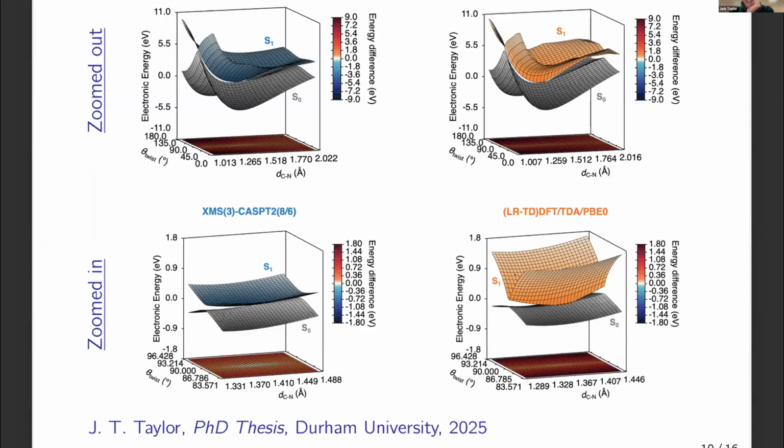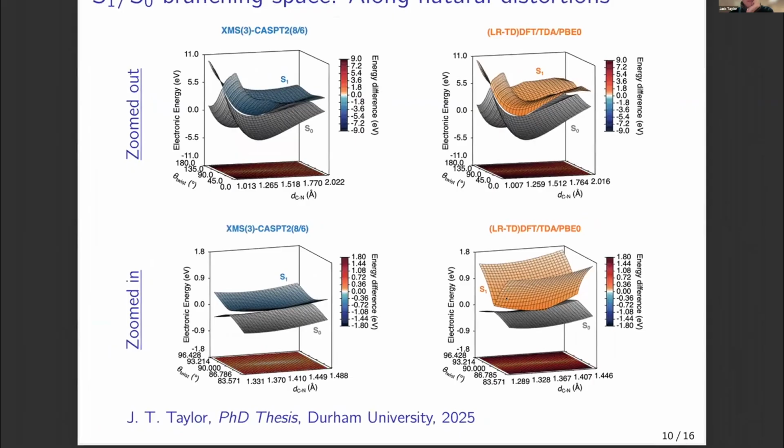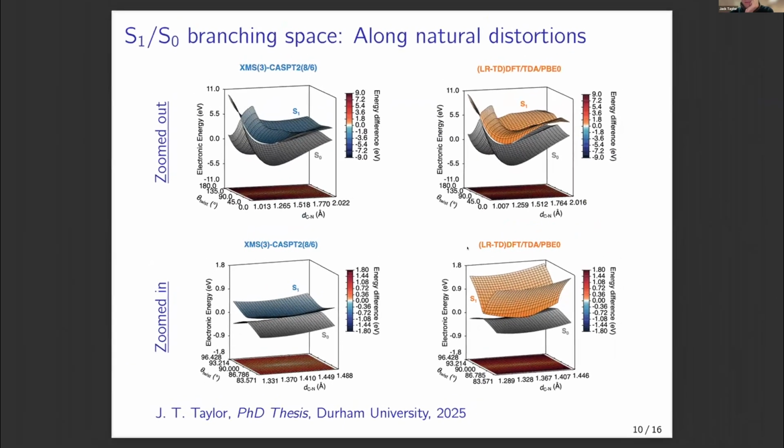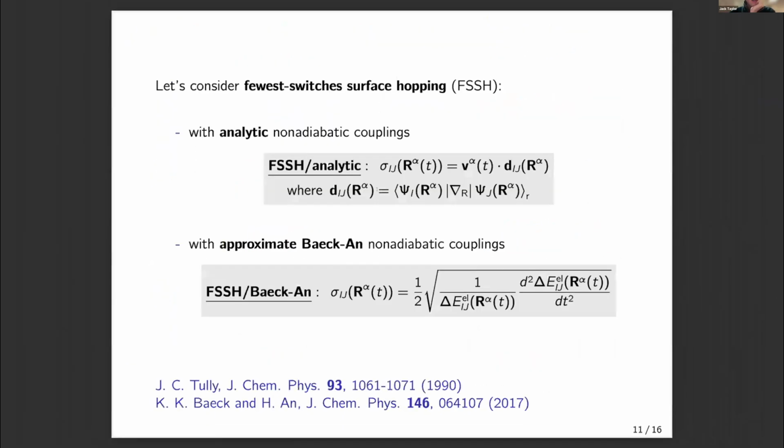We get this exaggerated topography of this S1 state, which was inferred by looking at that 1D cut. Okay, let me just get back. But let's see whether that extreme topography has any impact in practice.